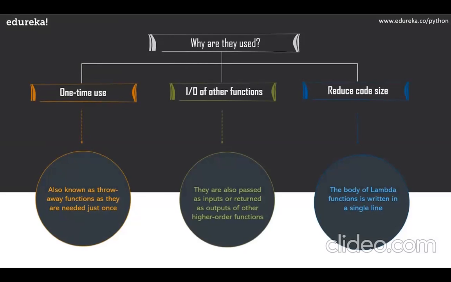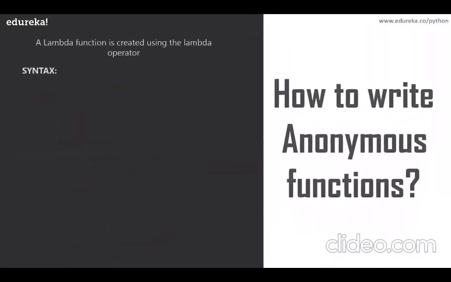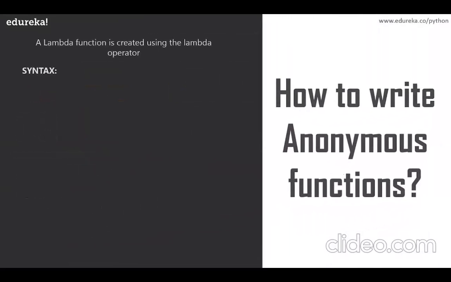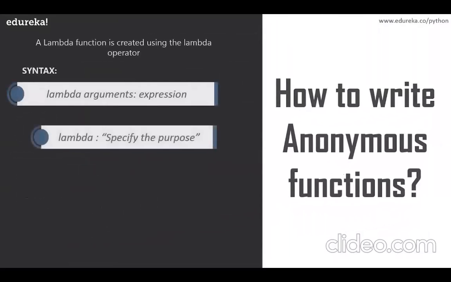It will have a single line of code. If at all you want to return an expression's value as a result, we can write it. How to write it? There's a syntax for writing a lambda function, where we use the lambda operator.